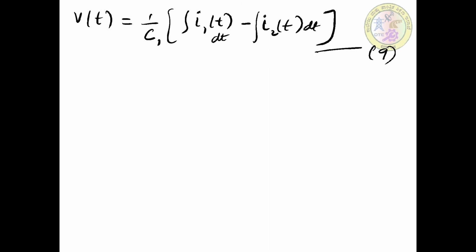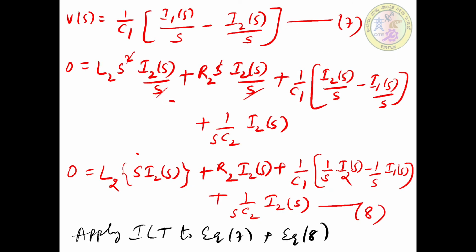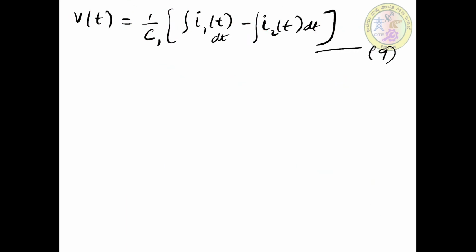Similarly, what is that other equation? Equation 8. For this also you have to apply the ILT. We are going to get now 0, that is equal to L2 into d by dt. Why?